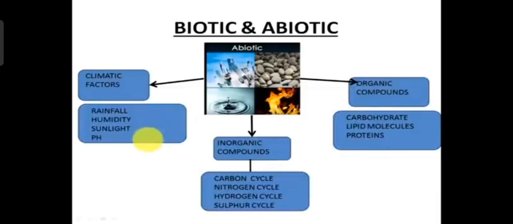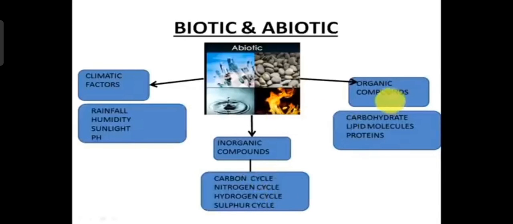Climatic factors we've already discussed. Inorganic compounds will include various cycles like the carbon cycle, the nitrogen cycle, the hydrogen cycle, the sulfur cycle, the phosphorus cycle. All these cycles are available in our ecosystem. In almost all the ecosystems, some cycle or the other is available. So these are inorganic compounds.